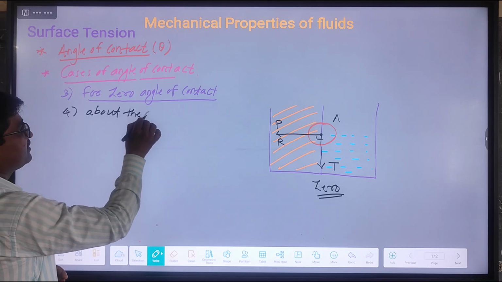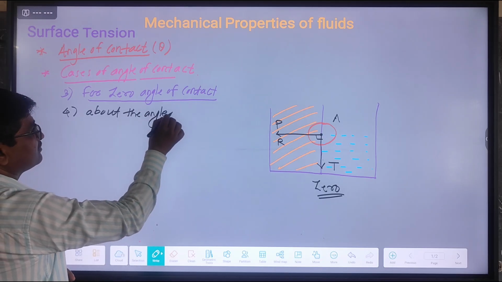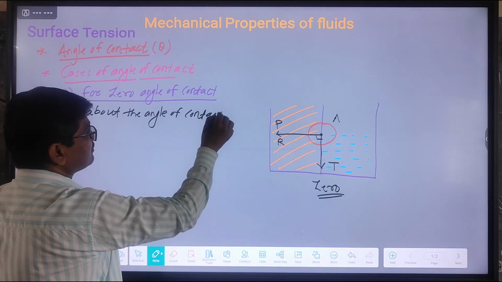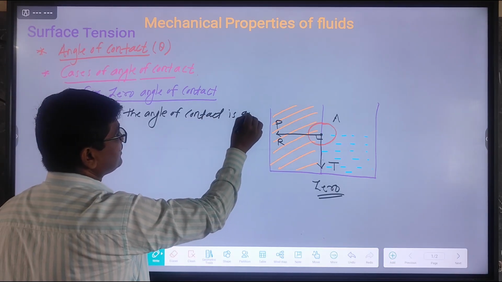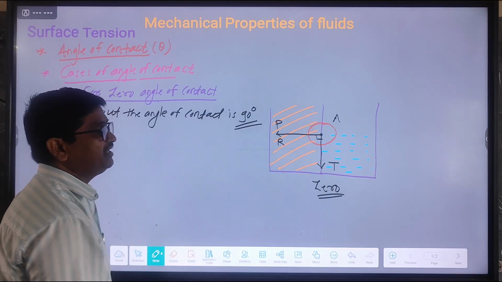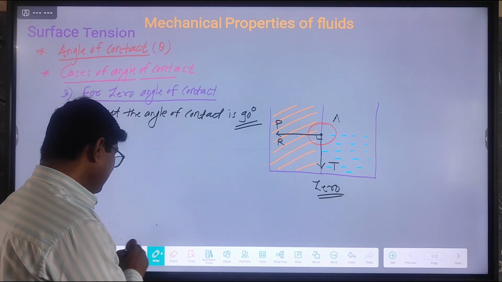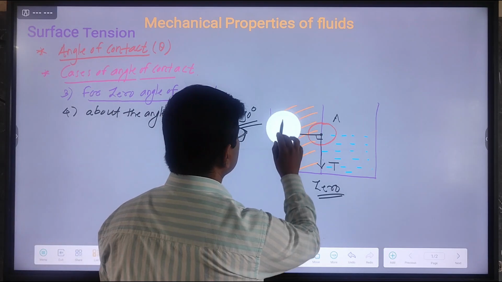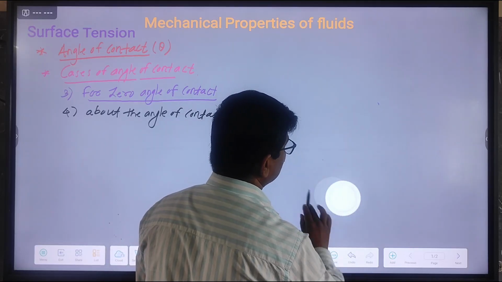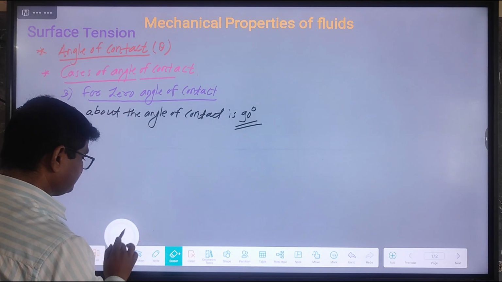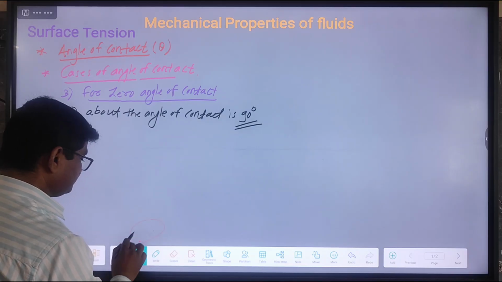The angle of contact is 90 degree. When the angle of contact is 90 degree, let's draw the diagram, and with the help of this we are trying to discuss. The angle of contact is 90.